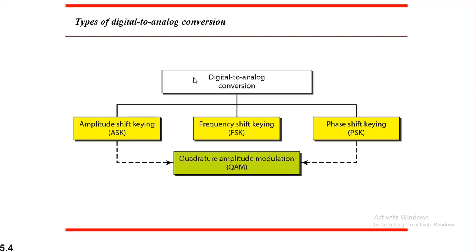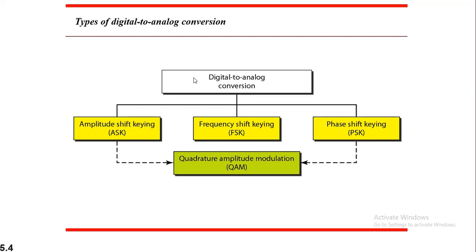And among all these, we have one more advanced concept, that is quadrature amplitude modulation, where it combines the features of amplitude shift keying and phase shift keying, and maps your digital data to your analog signal, and that is being passed to the communication channel to the destination. And this quadrature amplitude modulation is what we commonly use in day-to-day life.